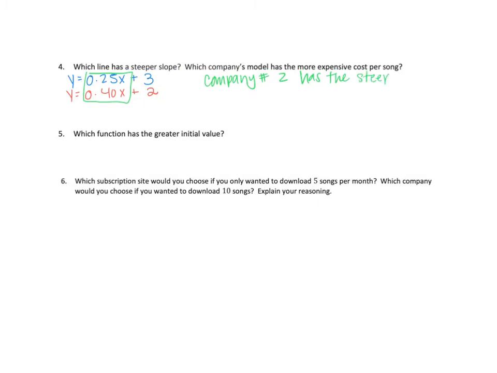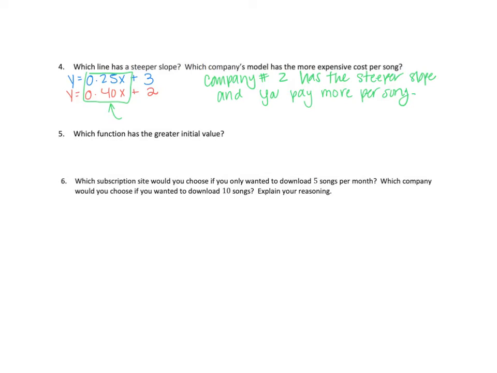And which one has the more expensive cost per song? Well, if we look at our slopes, this is talking about the cost per song, so company 2. You pay more per song with company 2. So that's actually what our slope represents, is how much you're paying per song.